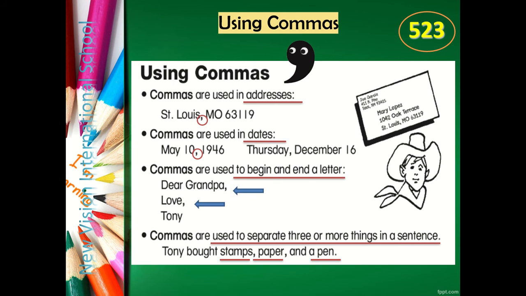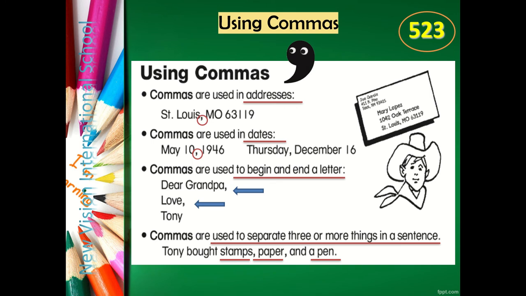So let us have a short recap of these usages of commas. We use commas in addresses, dates, to begin and end a letter, and to separate three things or more in a sentence. Is it clear? Very good.